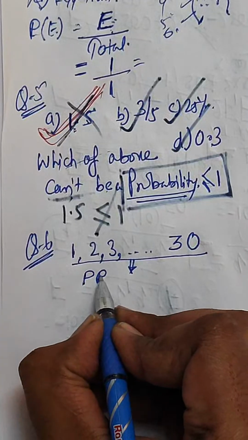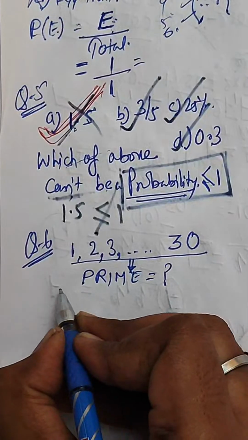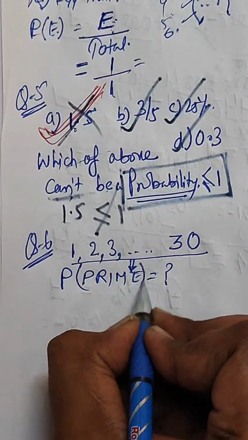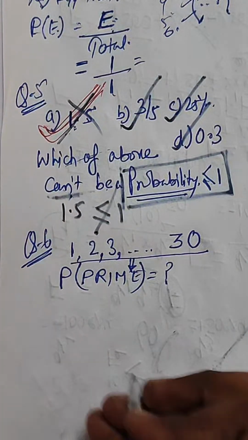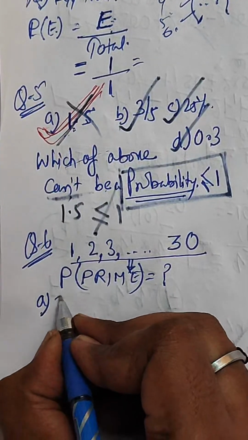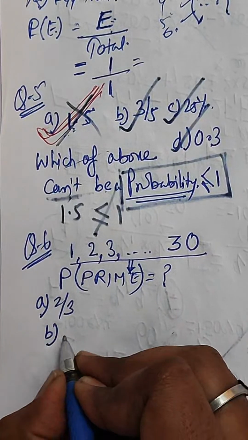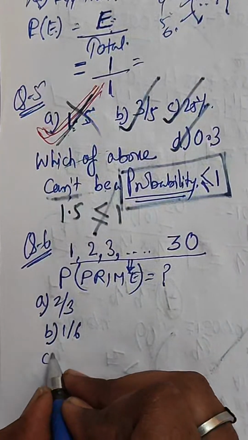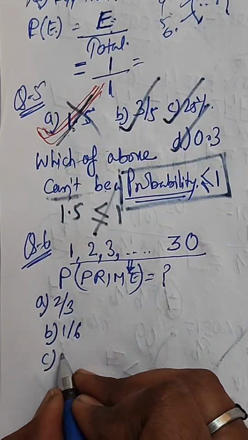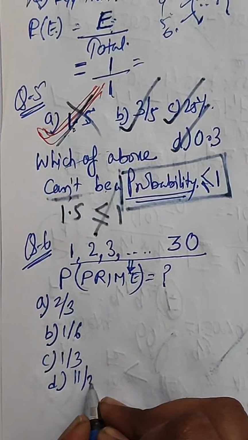Probability of getting a prime is what? The options given to us are: option A 2 by 3, option B 1 by 6, option C 1 by 3, option D 11 by 30.